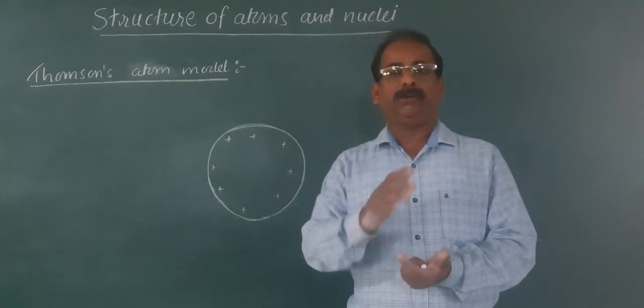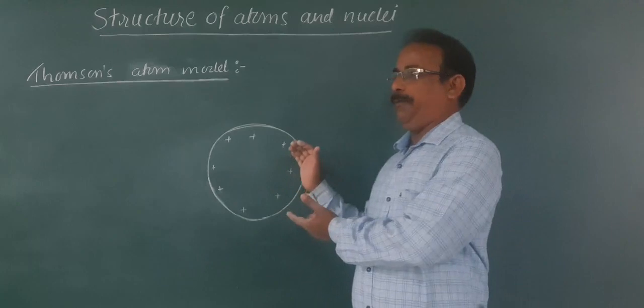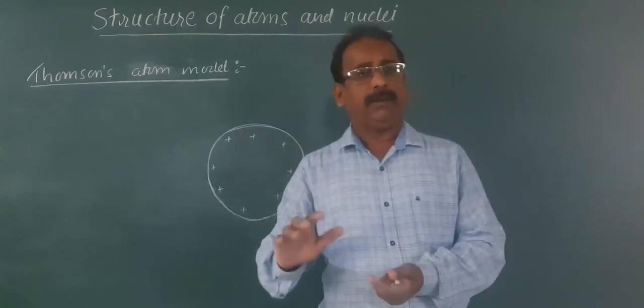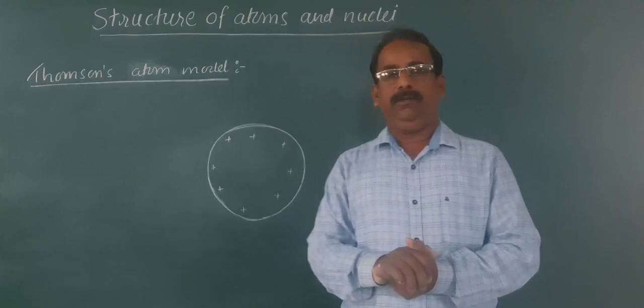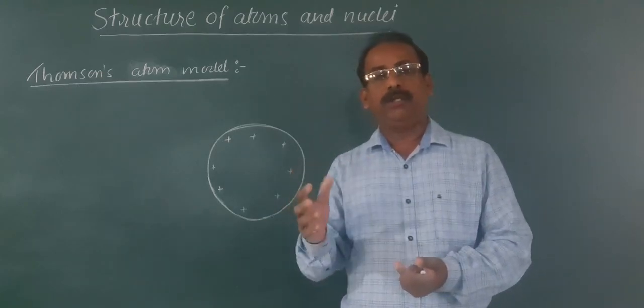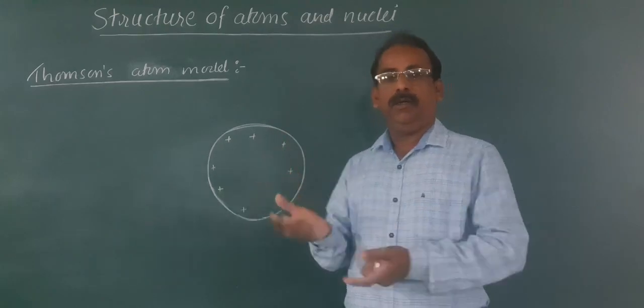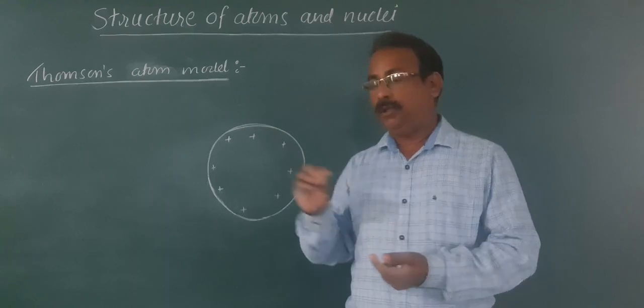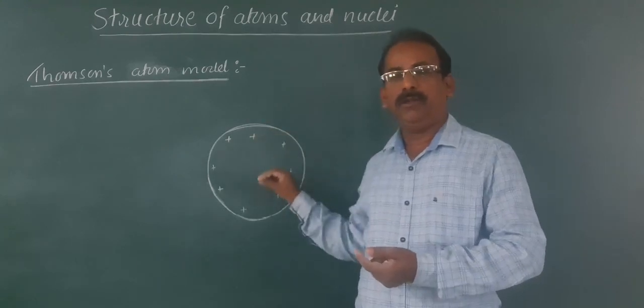Therefore, according to Thomson, this atom, which is in the form of a sphere, is electrically neutral. Why? Because the charge on the electrons present inside the sphere is exactly equal to the positive charge distributed in that sphere.